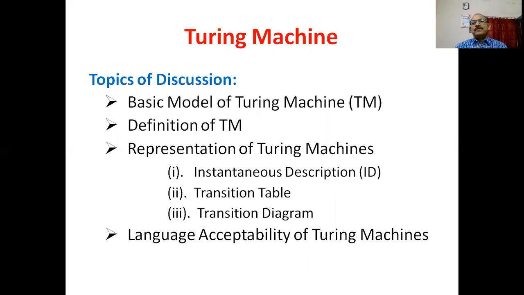Turing machine is studied for two basic purposes. One is the class of language it defines, recursively enumerable, and this language is generated by type 0 grammar. Next, the class of integer functions it computes.